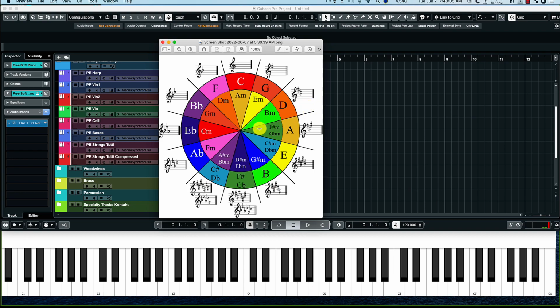Similarly, if we start at C and go down a fifth, we get to F, and the key signature of F major contains 1 flat. Those same notes will be used in the D minor scale, which will have that 1 flat, B flat.